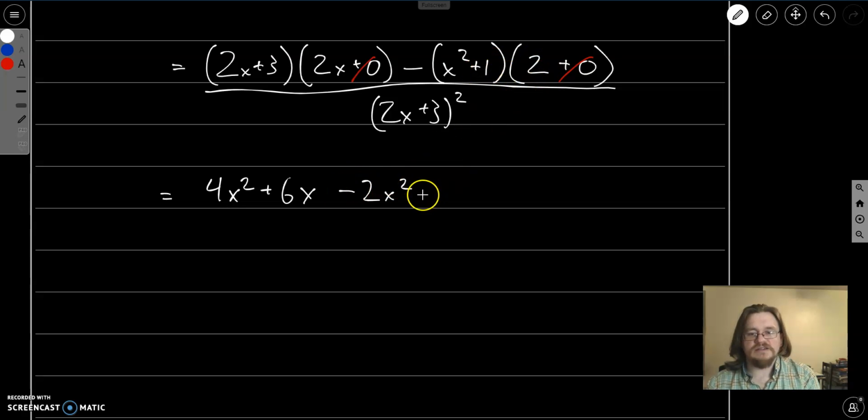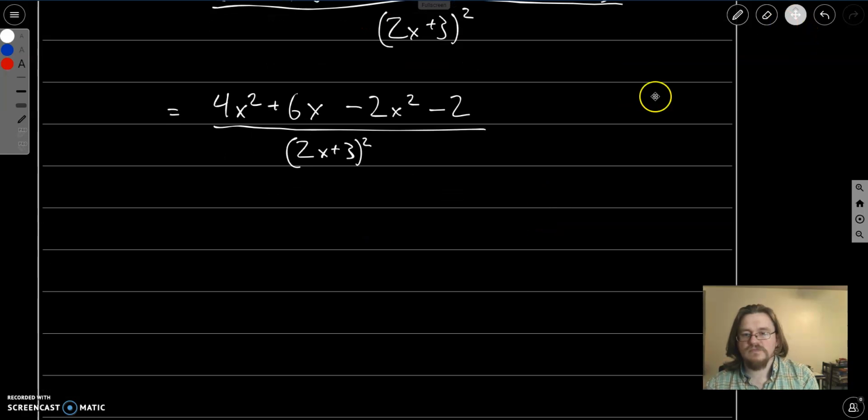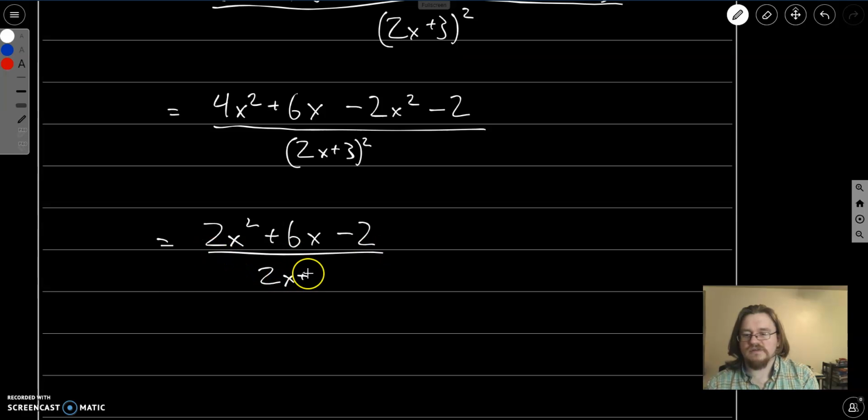And I'll subtract 2 as well. All divided by 2x plus 3 quantity squared. Simplifying a little bit more, 4x squared minus 2x squared, well, that's 2x squared, plus 6x minus 2 all over this guy.